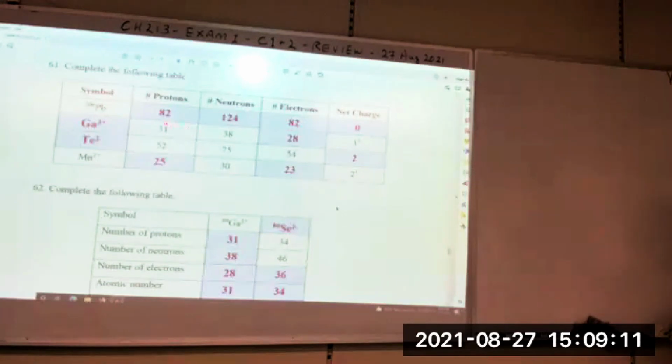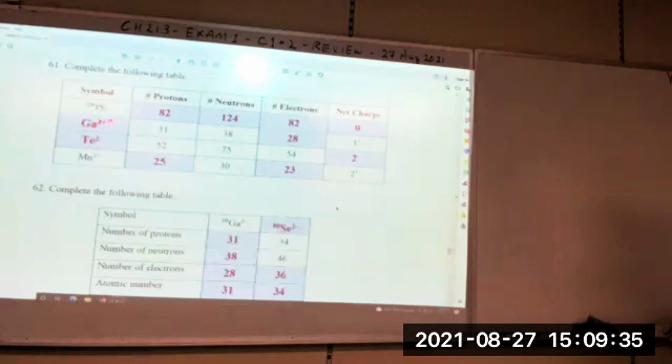This one is 31 protons, 38 neutrons, and a +3 charge. So 31 protons means you've got gallium right here. Right, so you write the symbol gallium, then you have a charge on that gallium, 3+. You also know the neutrons, which doesn't matter really.